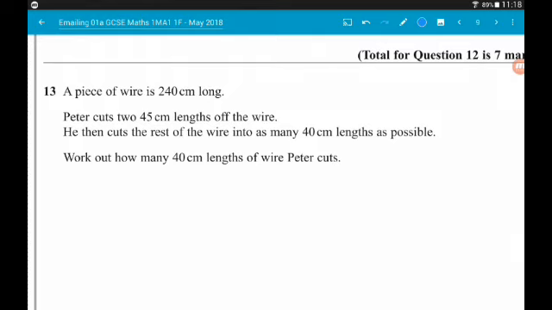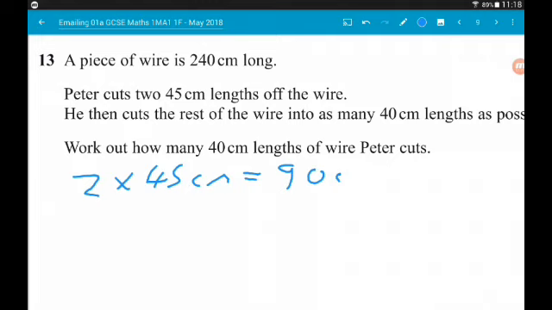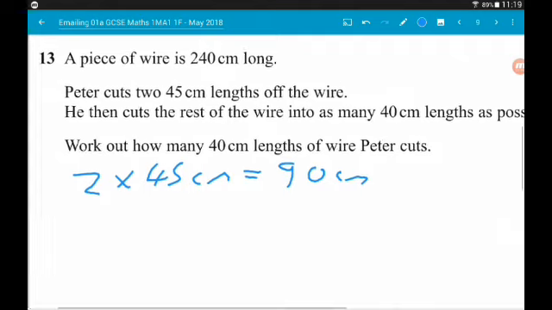So, first of all, let's work out how much wire the two 45cm lengths take. So, 2 times 45 centimeters is 90 centimeters. So we need to work out how much wire he has left after cutting these two pieces off.